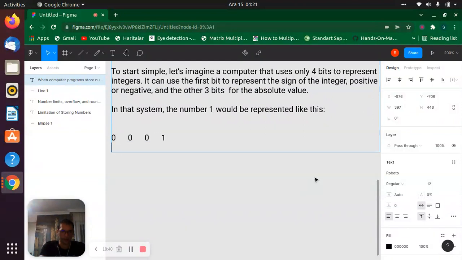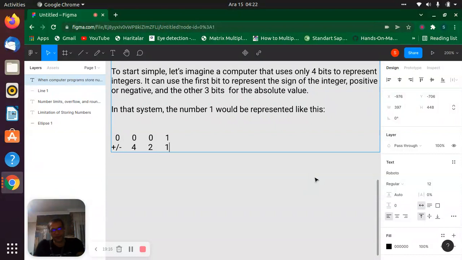And say this is plus and minus operator here. Then we have that 4. So what is this for? Power of 2. This one is power of 1, right? And this one is power of 0.